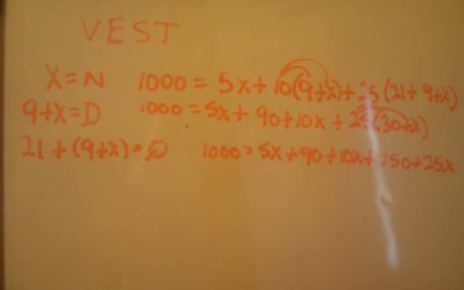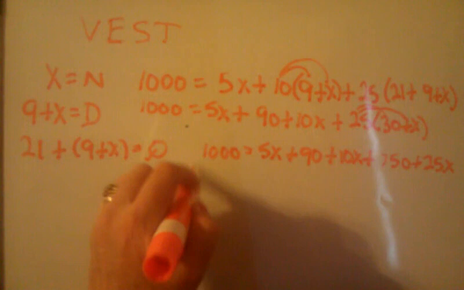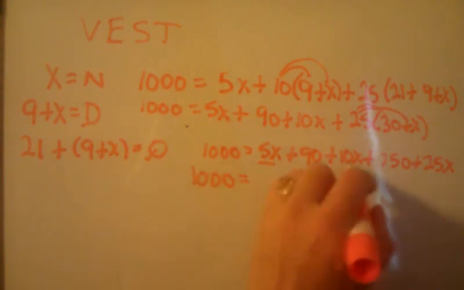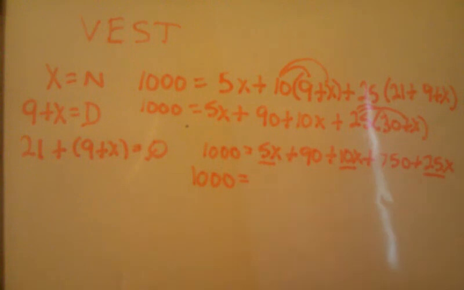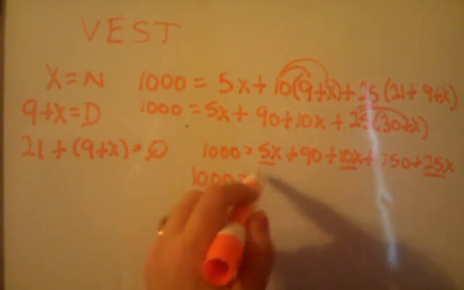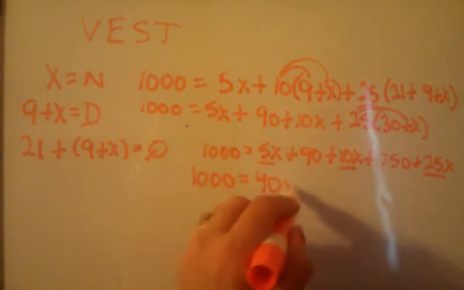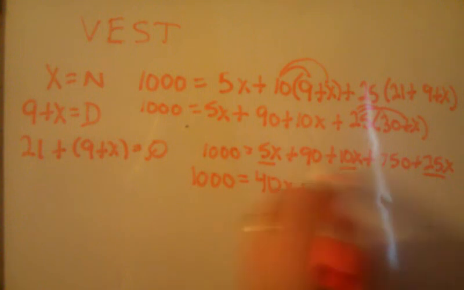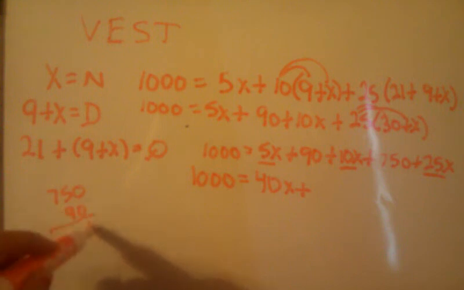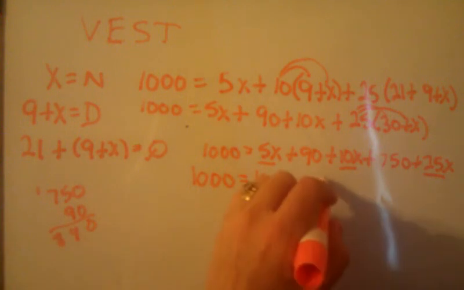Okay, let's combine like terms. 1,000 equals, I have a 5x, a 10x, and a 25x. 25 plus 10 is 35, plus 5 is 40, so 40x plus 90 plus 750. 750 plus 90 is 840.